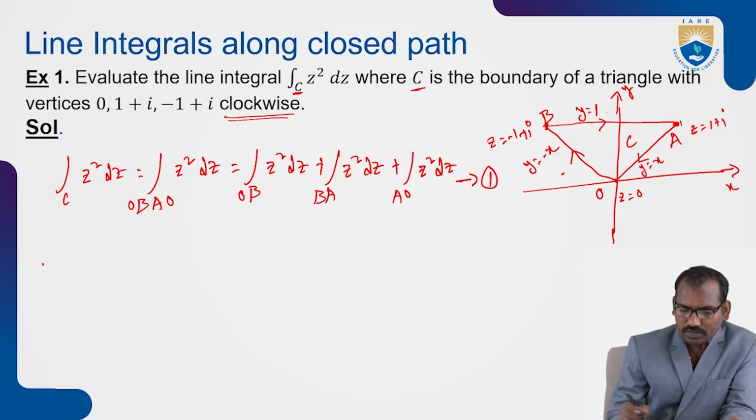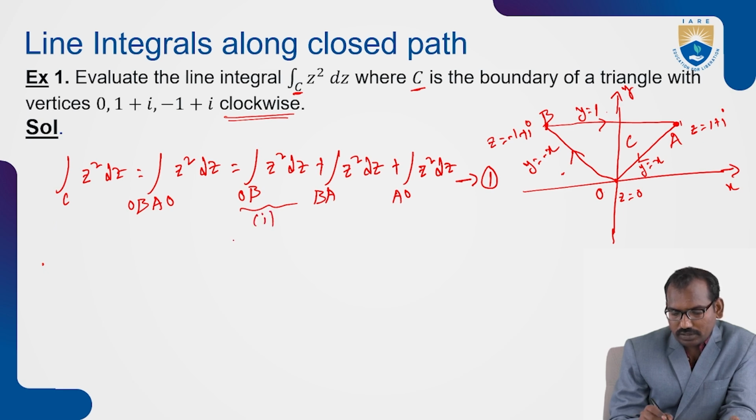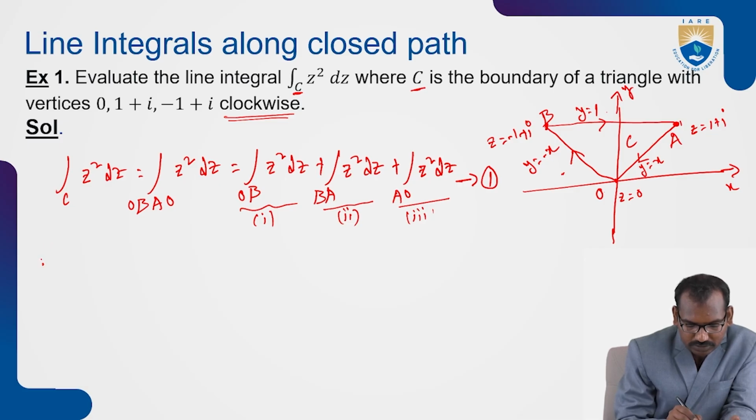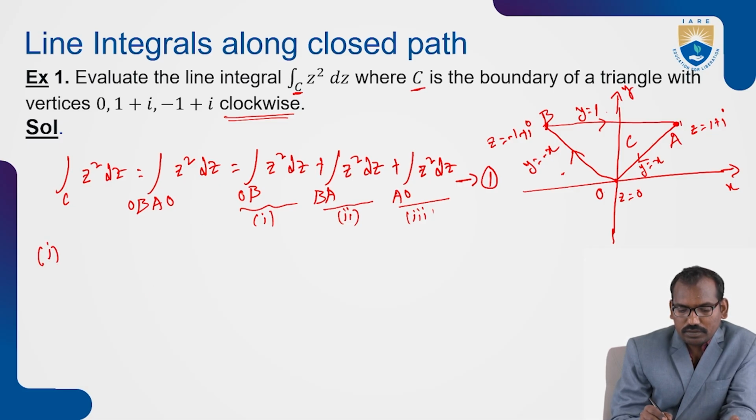I divide the evaluation of these three integrals into three parts: this one is part 1, this integral is part 2, and this will be part 3. The first part is the evaluation of the integral along OB.